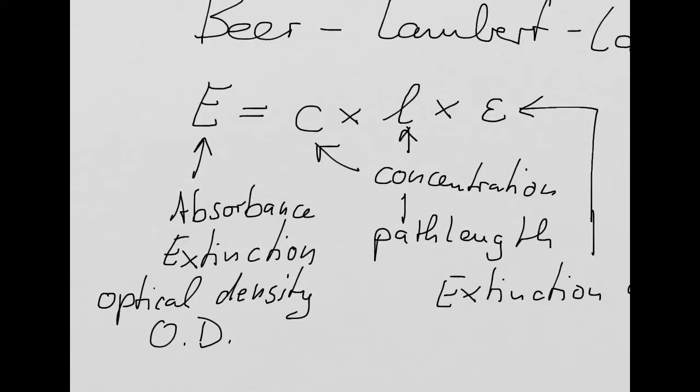The Beer-Lambert law does not contain any kind of wavelength of the light. The wavelength is sort of hidden in this epsilon here, because for each substance and each wavelength there is a different extinction coefficient. You don't have to do anything with the wavelengths.